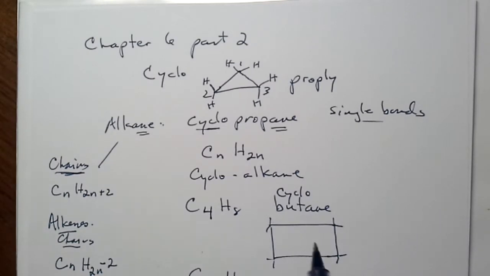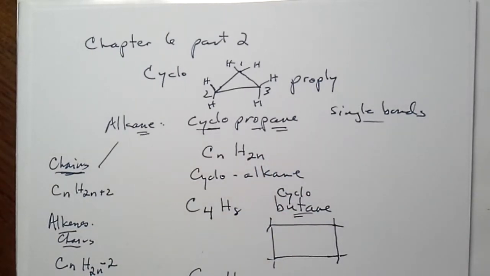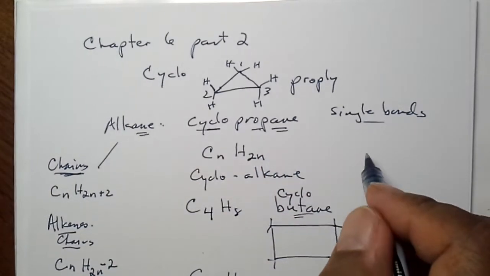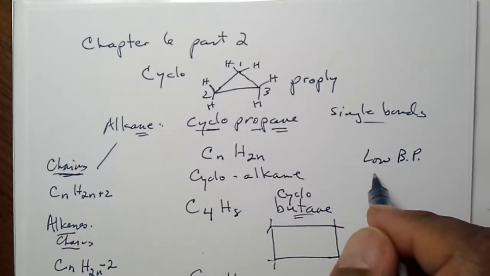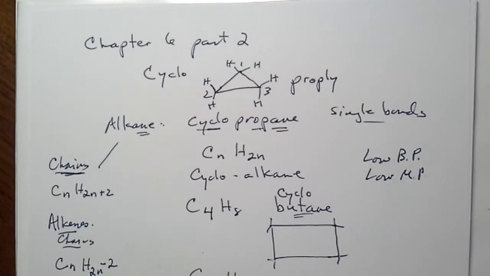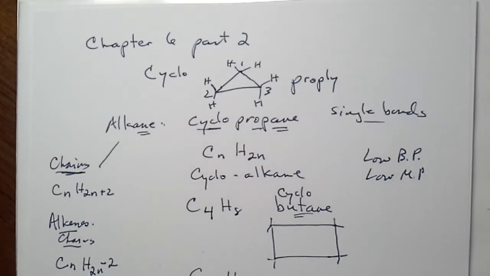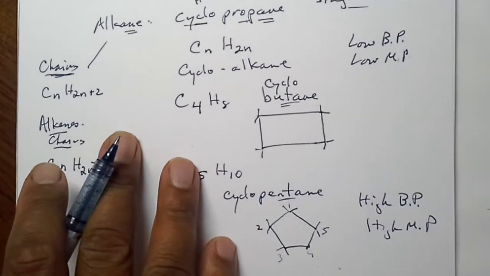And as we get an increase in chain length from propane to butane to pentane, we go from a low boiling point, low melting point again to a high boiling point, high melting point, just like the long chains. Let me do it. There you go.